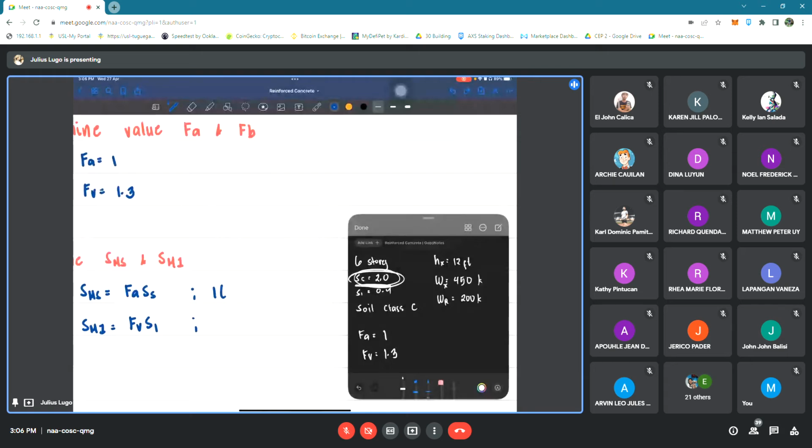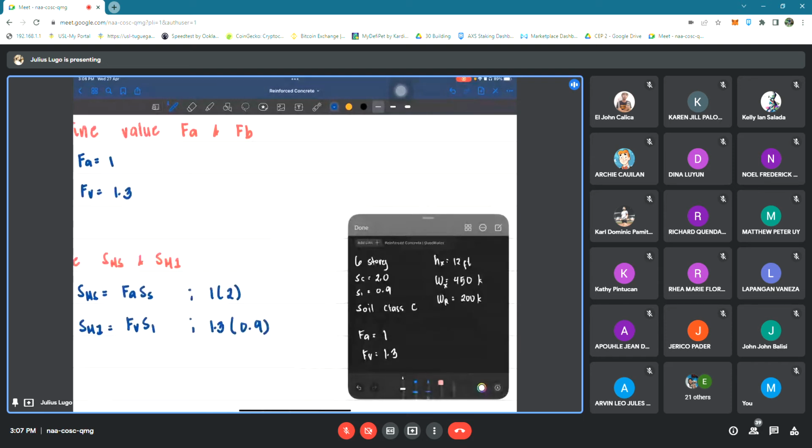So that is now equal to 1 multiplied by 2. Okay. And then ito naman, FB, that's 1.3 multiplied by your S1, which is equal to 0.9. Would you mind calculating the values?